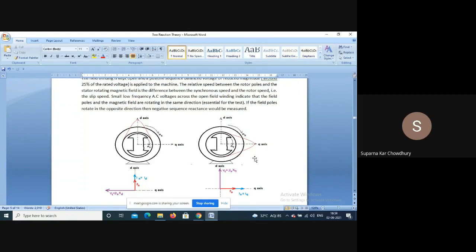The flux should be constant because the supply is constant. So to create the same constant flux in a circuit which offers a high reluctance, the machine will draw a comparatively larger current. So current will be maximum for this position.